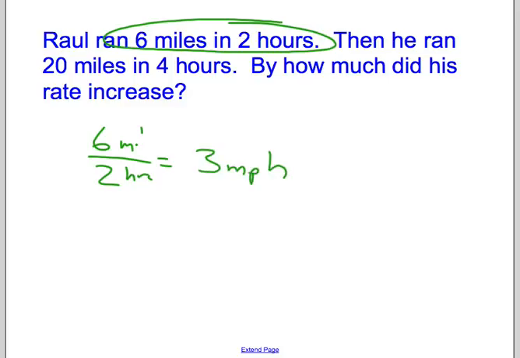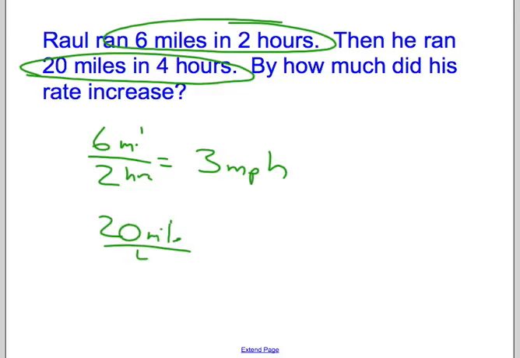Then he ran 20 miles in 4 hours. How would I find that rate, Chris? So you put 20 miles over 4 hours, and that reduces to 5. 5 miles per hour.